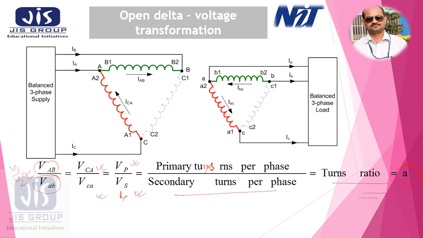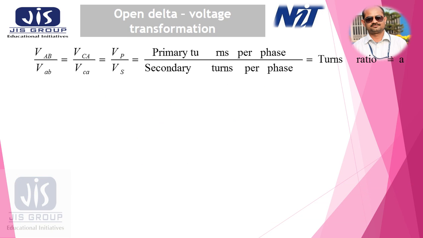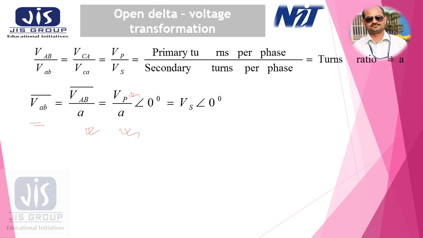Thus the primary and secondary voltage of the same phase coil do not have any phase angle difference between them. So we can say VAB by turns ratio, that is VP by A, equals VS angle 0 degree.